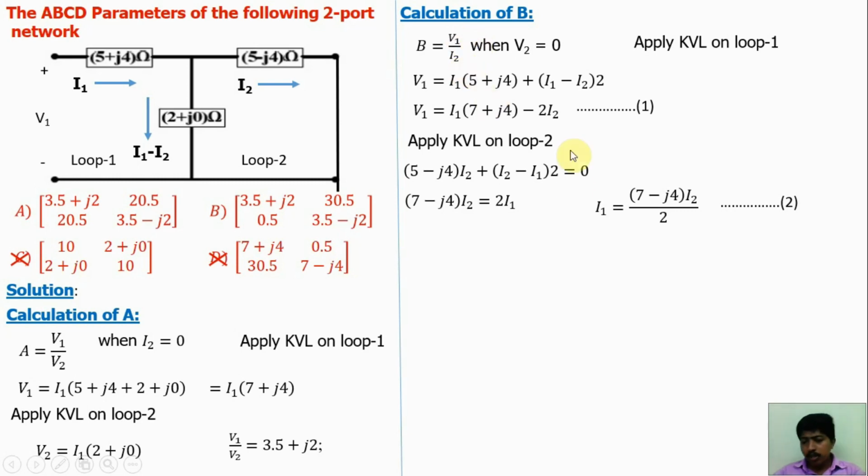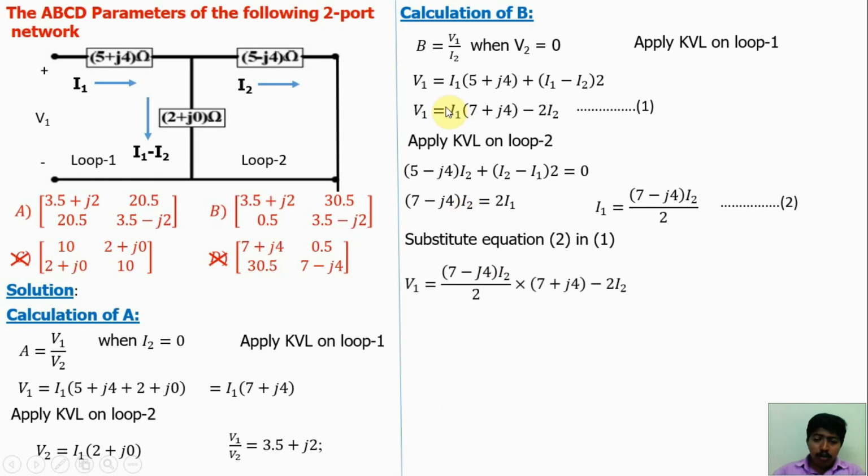V1 is equal to I1 value, (7 minus j4) into I2 by 2, into (7 plus j4), minus 2I2. Multiply this and simplify, we get V1 by I2 is equal to 30.5. So option B is correct, option A is wrong.